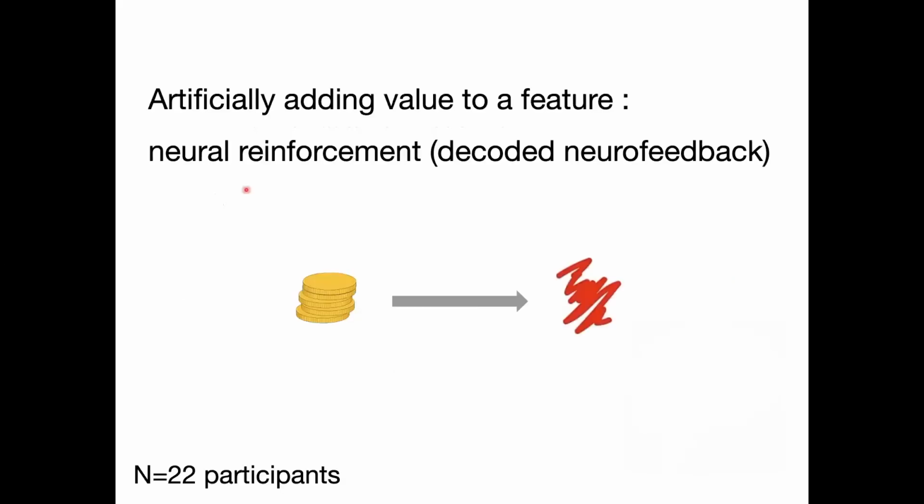So one way to test this would be to artificially add value to a feature. We could do this again with masking or with some task effect, but it would not be as clean an approach as using neural reinforcement or decoded neurofeedback, where we can pair the neural representation of a specific feature in the task, for example color, with rewards.